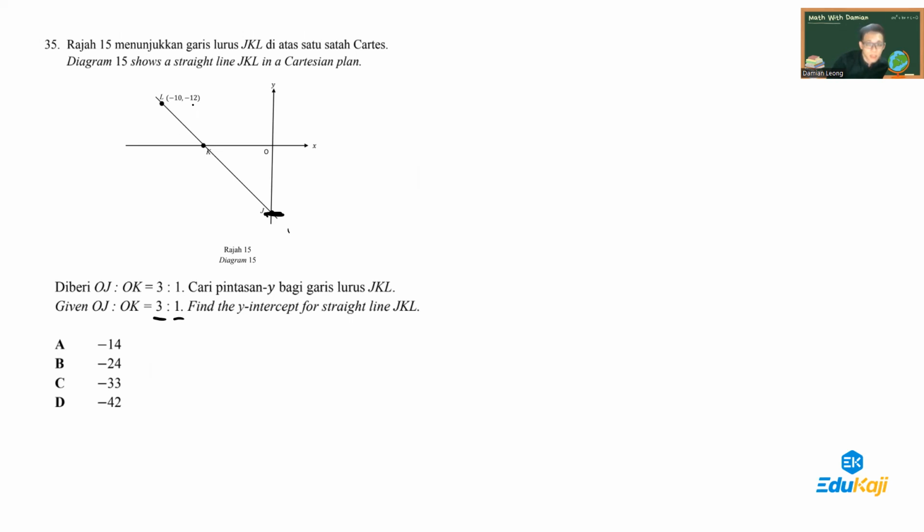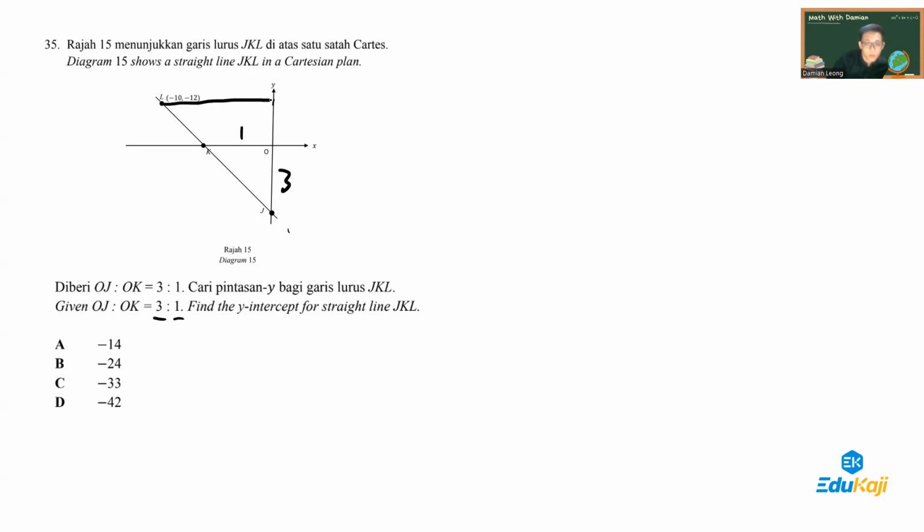So basically, the y value, if I compare this length and this length, the ratio OJ to OK. Actually, sorry, OJ to OK is 3 to 1. So this is 3, this is 1.